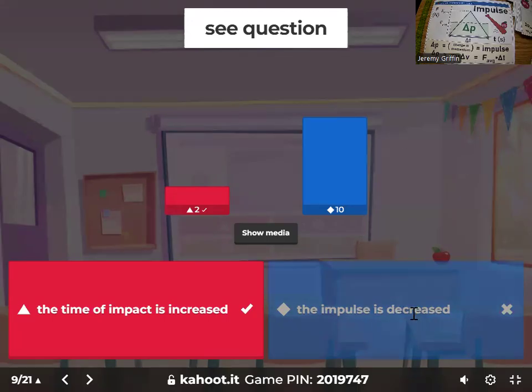Now, why is it not the blue one? Because if that ball's coming in, has some mass and some velocity, and you bring it to a stop, the change in momentum of the ball, which is the impulse, is the same regardless of how you stop it.